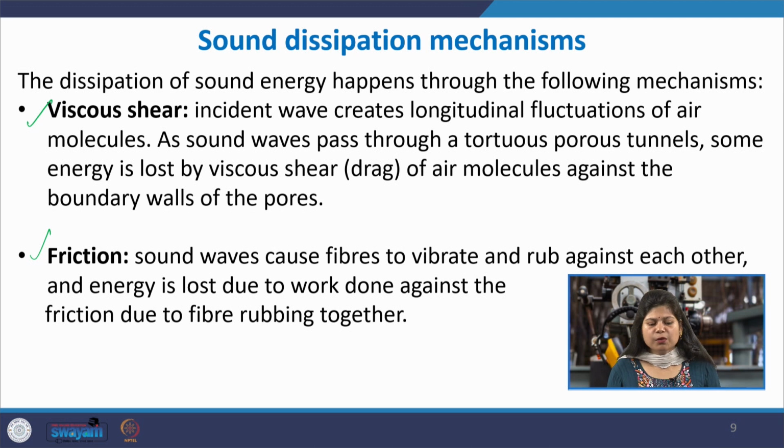So, viscous shear: what happens when the sound wave is incident? A sound wave is simply the longitudinal fluctuation of the air particles. Once a sound wave enters the material and goes through these tortuous porous tunnels, these longitudinal fluctuations happen, and energy gets lost due to the viscous shear or drag faced by the oscillating air molecules against the boundary walls of the pore.